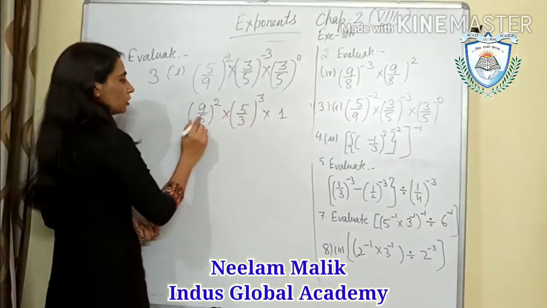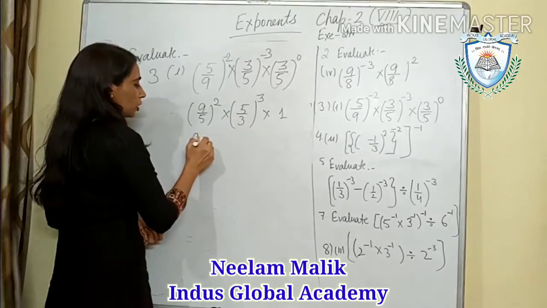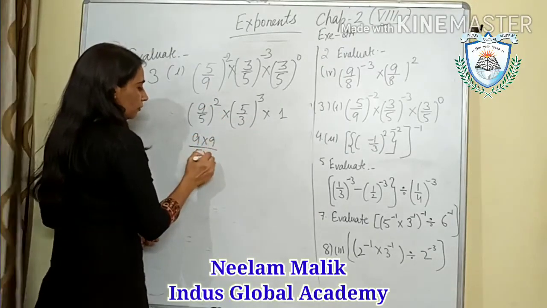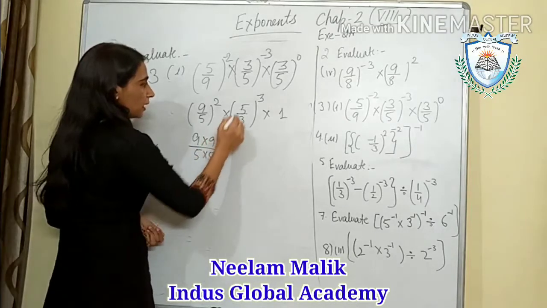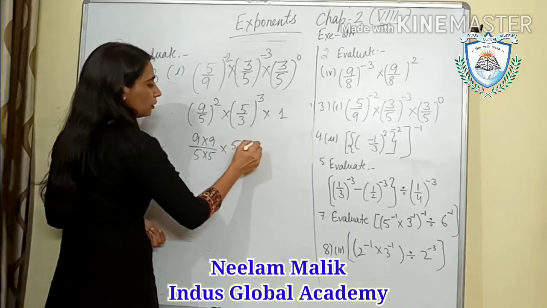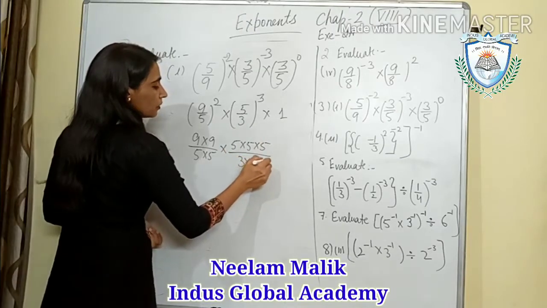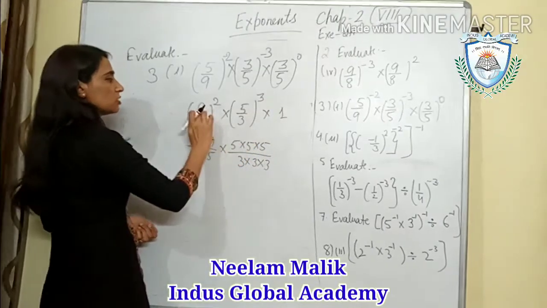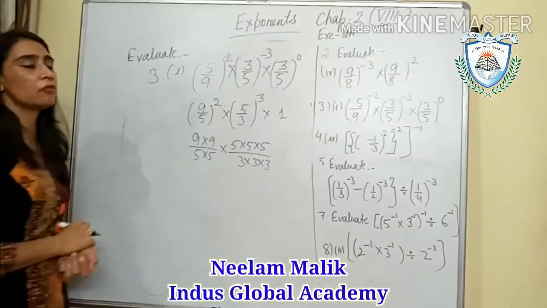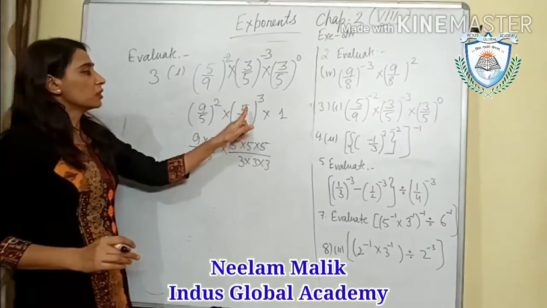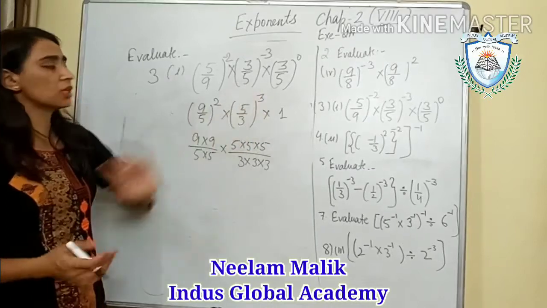Okay. So now it will be 9 into 9, 5 into 5 multiplied. Here will be 5 into 5 into 5, and this is 3 times. Okay, the power will be distributed, means 9 power 2 and the power of 5 is also 2. Here the power of 5 is 3, the power of 3 is also 3.